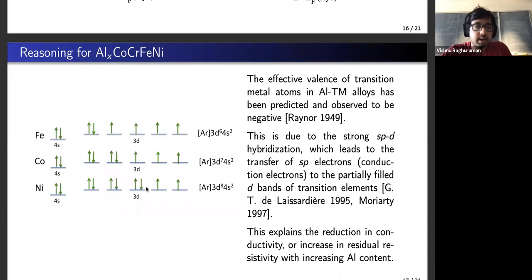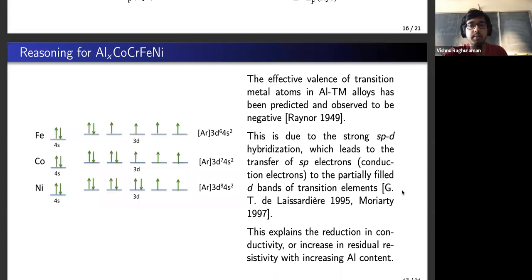Basically, these elements take electrons from the s and p of aluminum and fill the d orbitals. The s and p conduction electrons are hence taken up by these elements. As a result, you see lesser conductivity and an increased resistivity. That is the reasoning that we believe is resulting in higher resistivity in the aluminum, cobalt, chromium, iron, nickel.